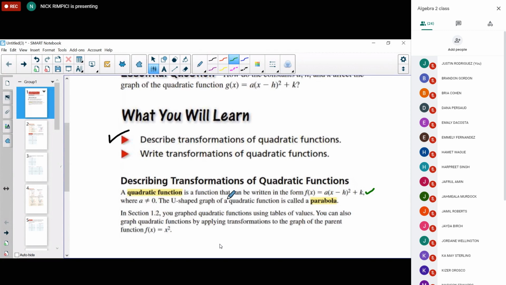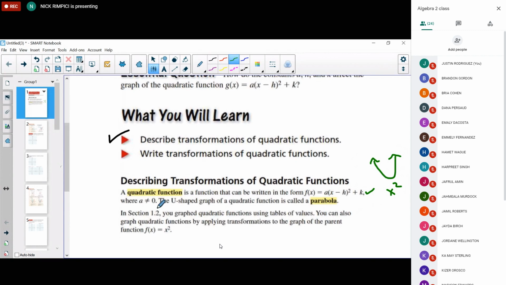The U-shaped graph of a quadratic function is called a parabola. So we did see this before. We know that these are quadratic functions. That's that parabola, and that's the equation. The most general one is x squared. And we've seen this again. There was one question on your exam, I think, that was flipped over, and we know what it is.